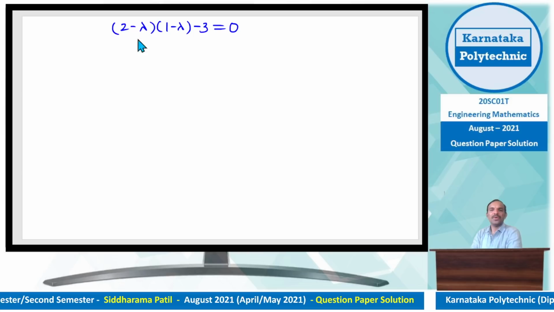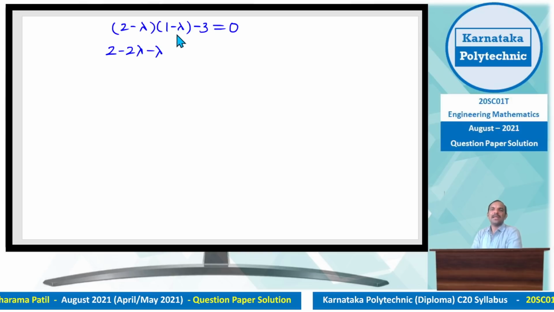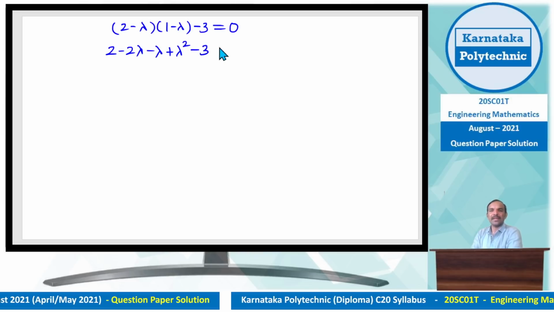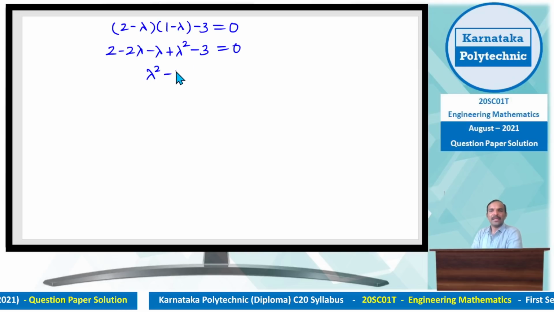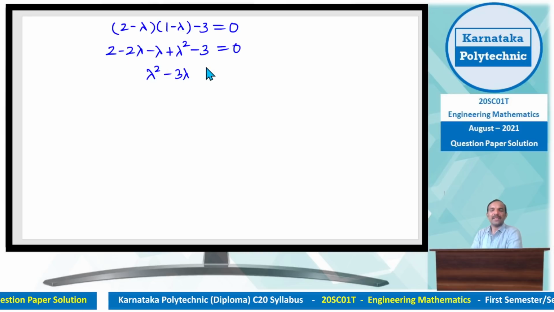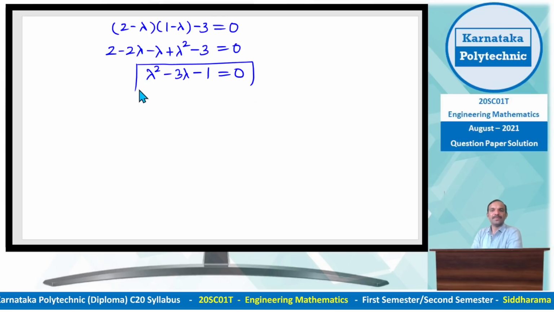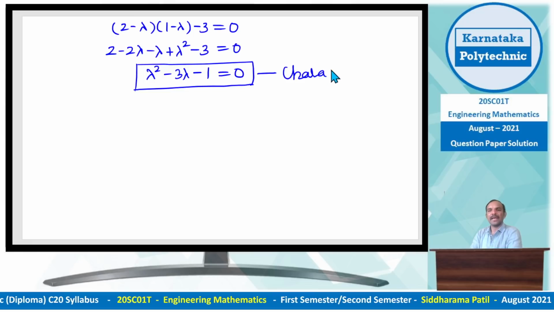Simplify. 2 into 1 is 2 minus 2 lambda, lambda into 1 minus lambda, that is lambda square minus 3 equal to 0. Lambda square minus 3 lambda, 2 minus 3 is minus 1, equal to 0. It is the required characteristic equation.